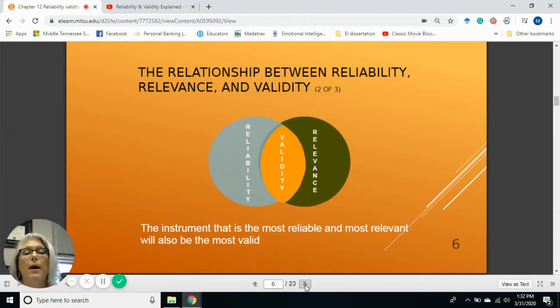Another pictorial about the relationship between reliability, relevance, and validity is a Venn diagram here. And we want the reliability and relevance to be strong, and the stronger those are, the more valid our test. So the most reliable and the most relevant information, instrument data collected, then that will be the most valid.